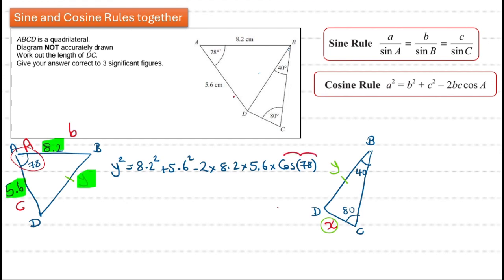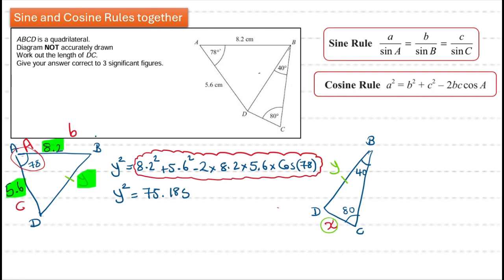We then type the numbers on the right hand side into our calculator, and we get y squared equals 75.18539.